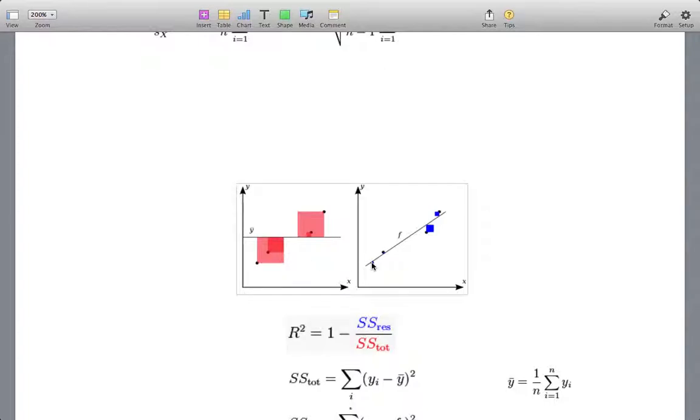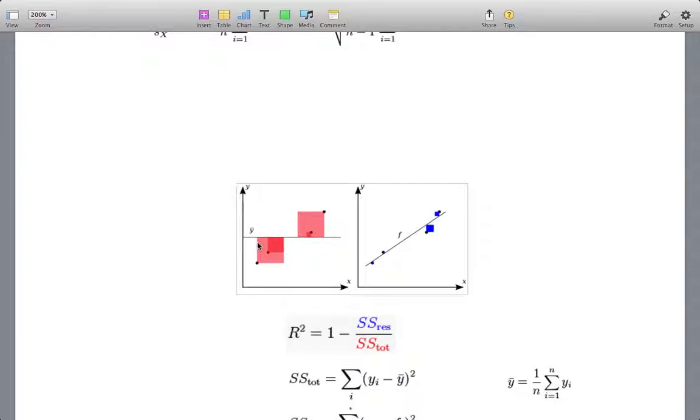Let me just pause here for a minute and explain. By looking at these two graphs, the one with the red squares and the one with the blue squares, notice that the y positions are the same. So this is not a residual graph. Just bear with me for a minute.